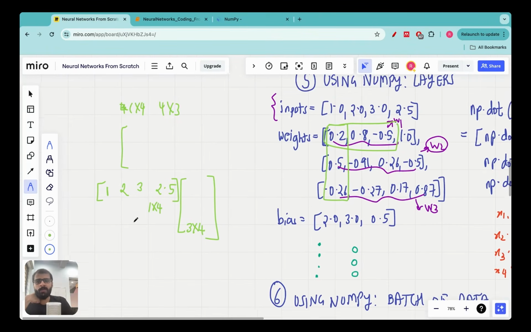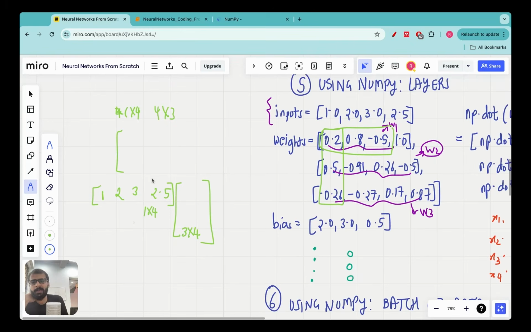In fact, the problem here would be that it would be impossible to multiply directly np.dot(inputs, weights) because the columns of the first matrix, 4, do not align with the rows of the second matrix. So this would be impossible anyway. You will need to take the transpose to get to the correct answer.